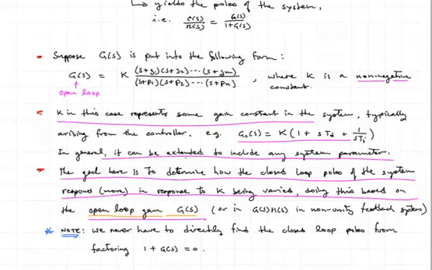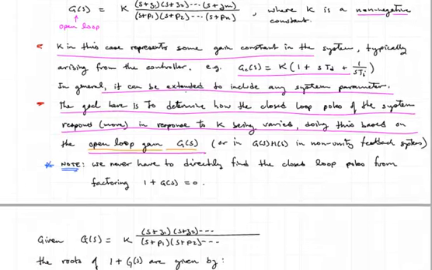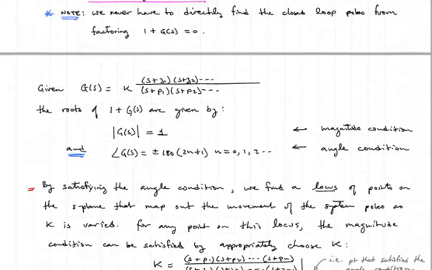And notice that the important point here is that we never have to directly find the closed loop poles from factoring 1 plus G(s) equal to 0. We're going to find the closed loop poles by simply looking at the open loop transfer function G(s) and looking for when it has a value of -1. In other words, a magnitude of 1 and an angle of 180 degrees.